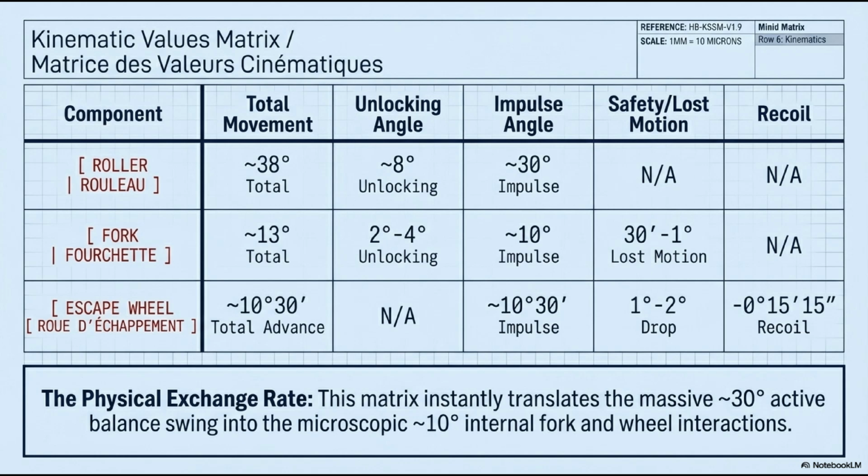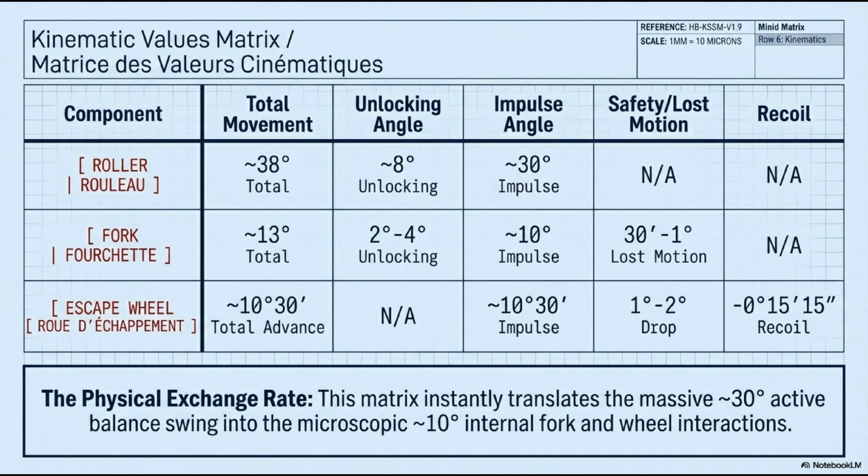The balance makes large angular movements, the fork and wheel make small, precise ones. The assortment geometry is the mechanical translator between these two scales. Know this matrix. These numbers appear in examination questions, and they're the benchmarks against which you verify escapement function during achevage.